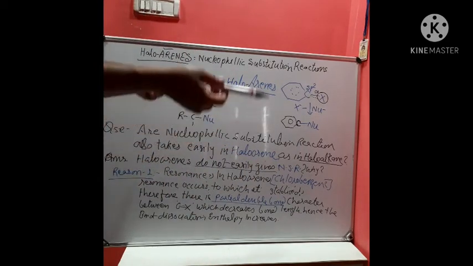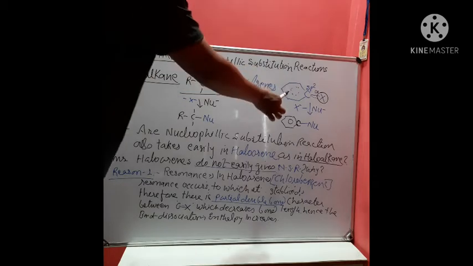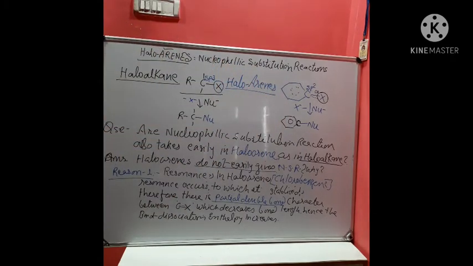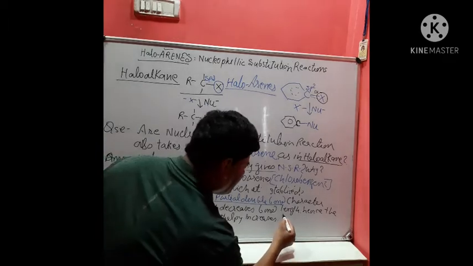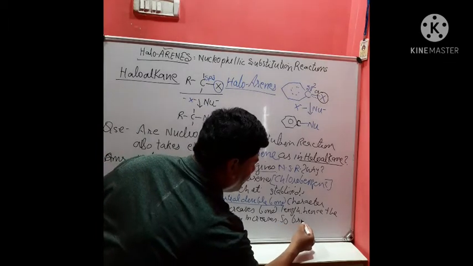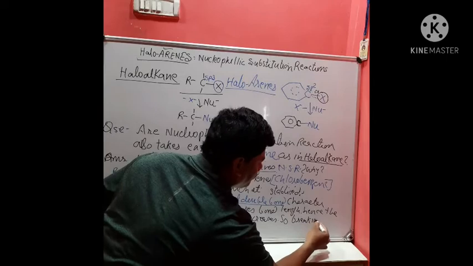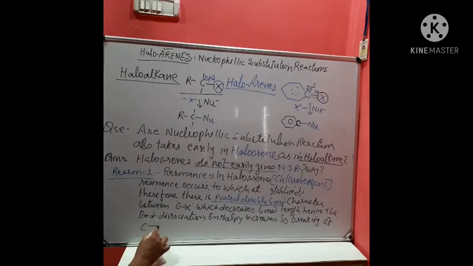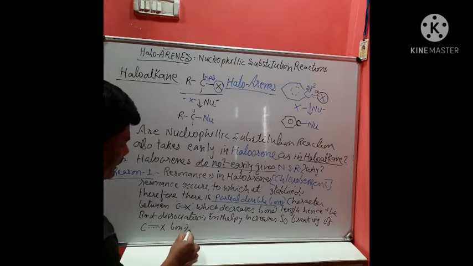And if it becomes difficult, this compound will not easily give nucleophilic substitution reaction. Hence the bond dissociation enthalpy increases, so breaking of the C-X bond, which has partial double bond character, becomes difficult.